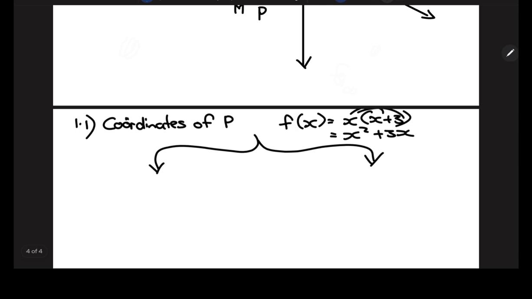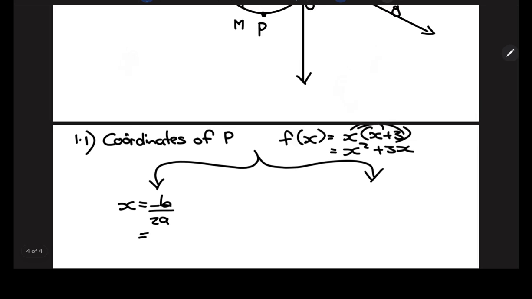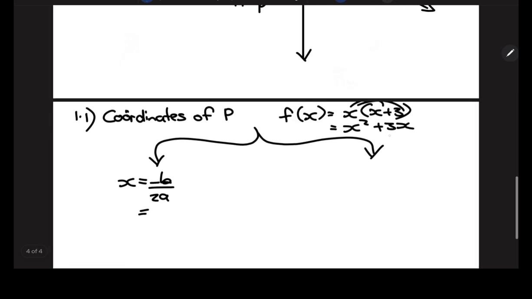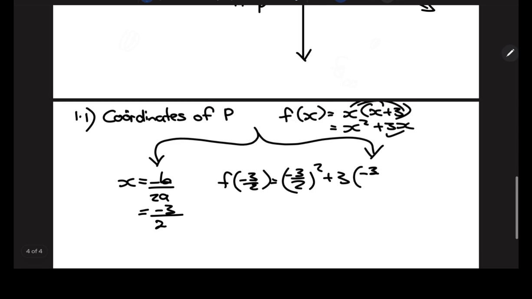And I think the common way is to use minus b over 2a, and then we'll punch in the numbers. This is my b, which is a positive 3, and 2, and yeah, so that's my turning point. And to find my y, I'll just sub it back into the function: negative 3 over 2 squared plus 3 times negative 3 over 2, and I put all those in my calculator.